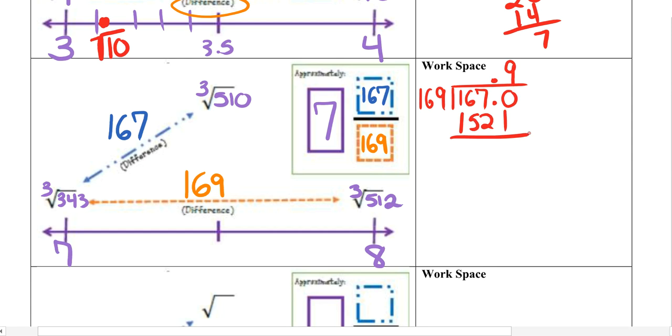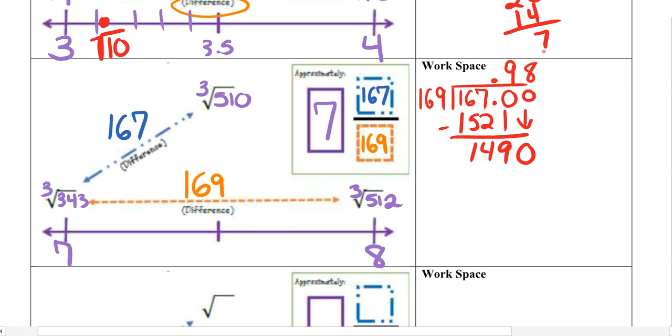Okay, so that's 1,521. So if we subtract that, 1,521, that gives us about 149. Bring down a 0. 1,490 divided by 169 gives us about 8.